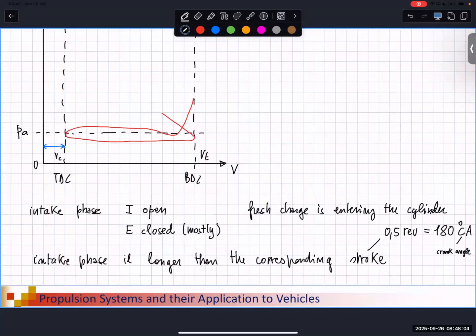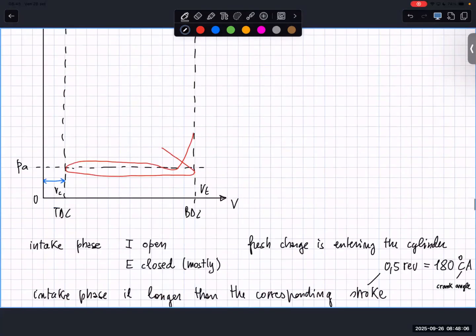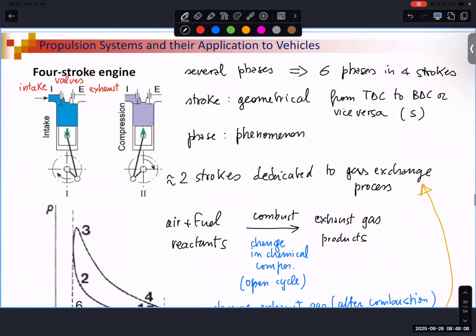Okay. The piston is going down. The charge is entering. The charge can be either air and fuel or simply air, according to the engine that we are considering.